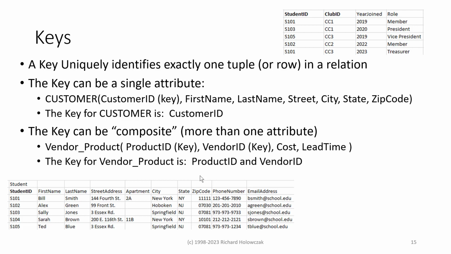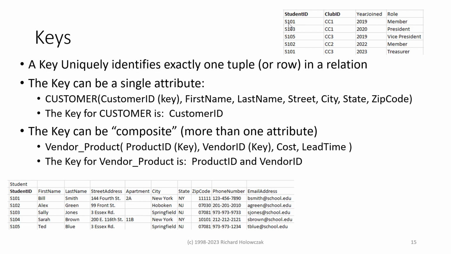Sometimes our keys can be a composite, and you'll hear this word quite a bit. Composite just means several things stuck together, and in our case, it means more than one attribute. So for example, if we look up here at this student club, we can see that student ID and club ID together form the key.